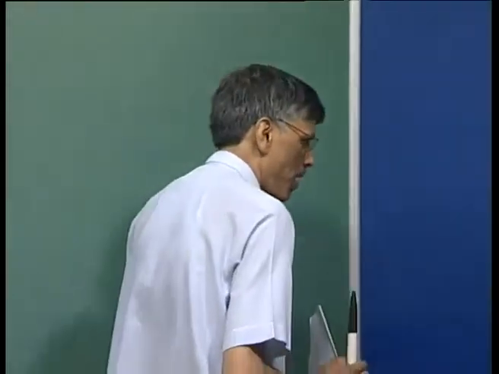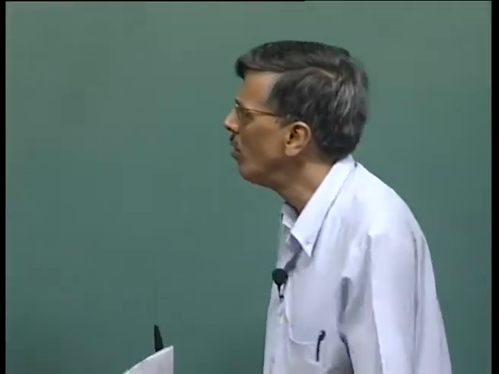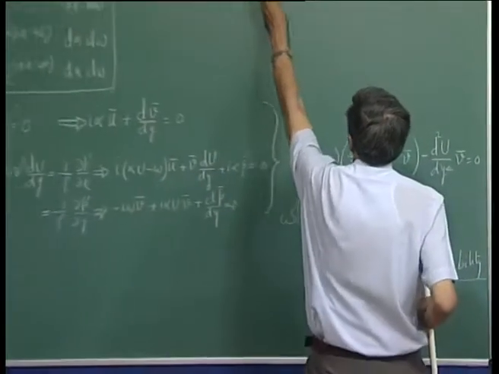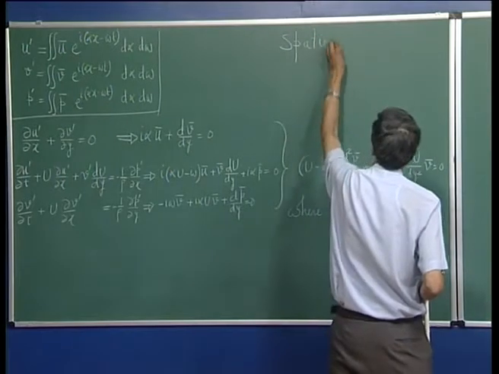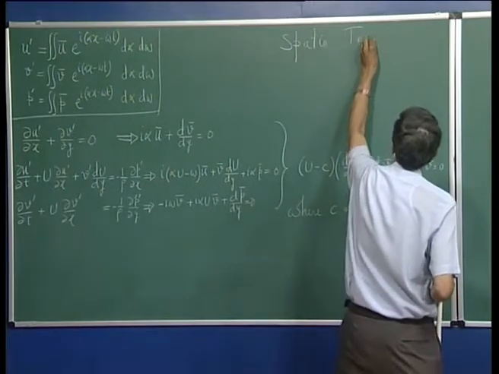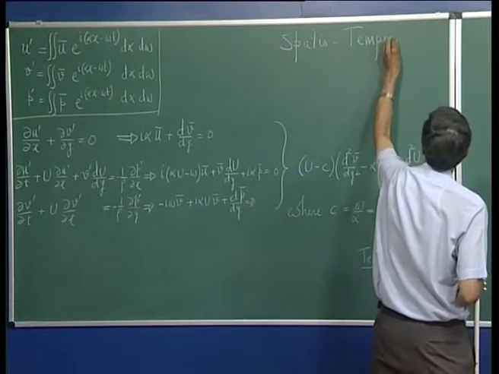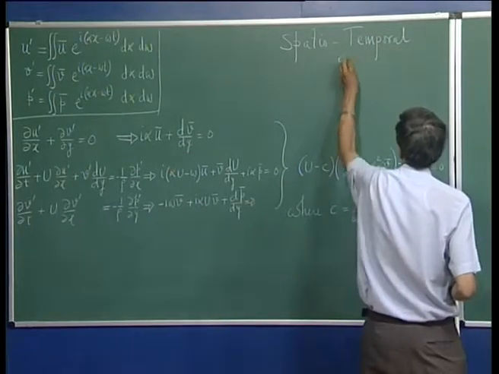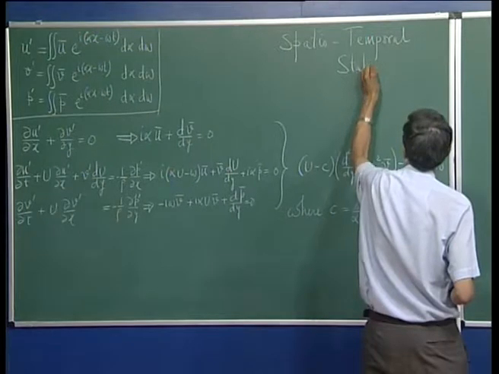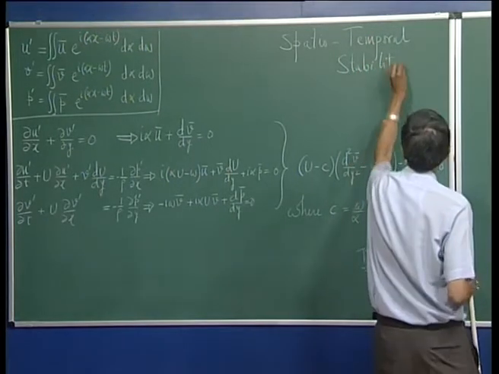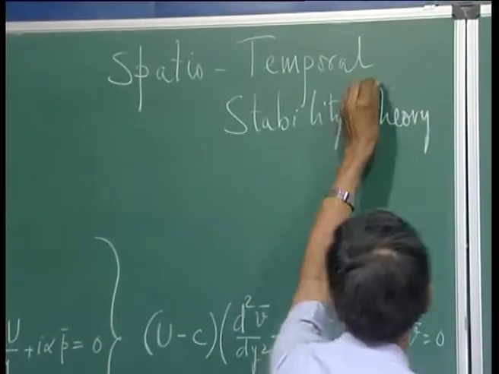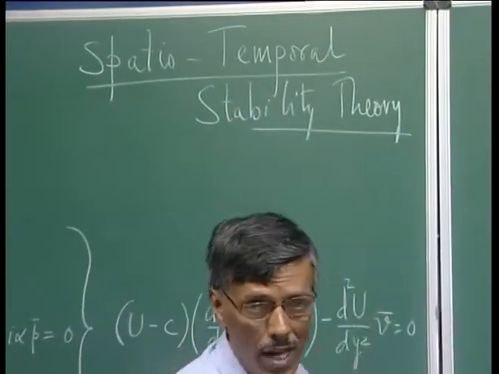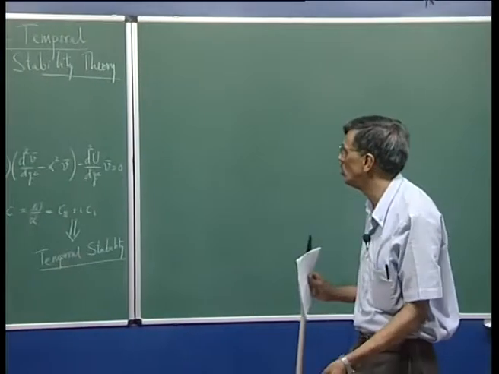That means space and time are simultaneously varying for the disturbance quantity, and the corresponding study will be called the spatiotemporal stability or instability theory. And that is somewhat involved. It is not so easy to tackle.